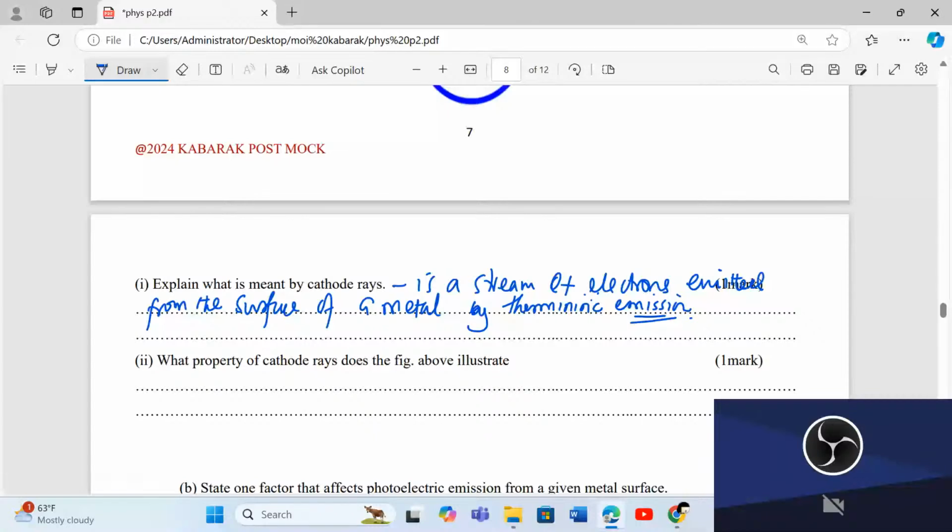That means we have the process of heating that is causing the dislodging of electrons from a metal surface.